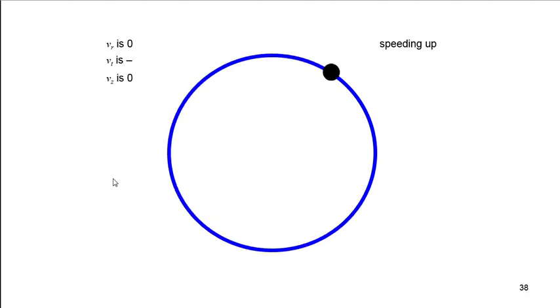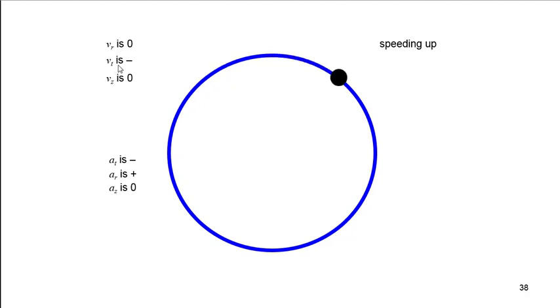And now when we consider what's happening with our accelerations, for this object that's speeding up, my tangential acceleration is not 0 because my tangential velocity in this case is changing. I start off slow and then I go faster and faster. Whenever you speed up, you have an acceleration in the same direction as your velocity.